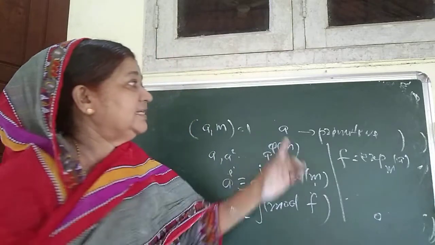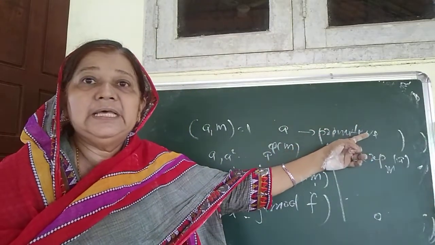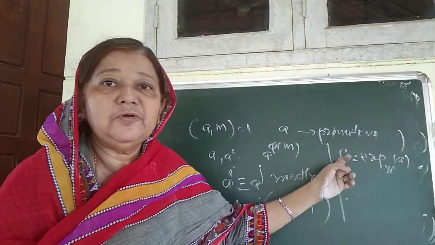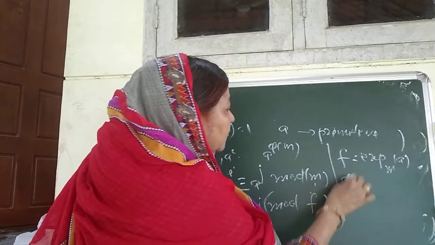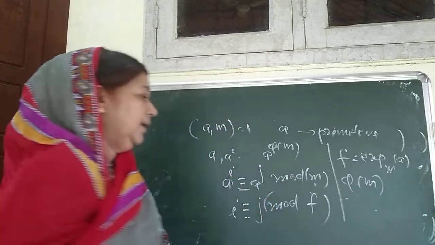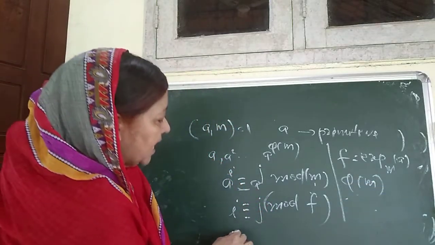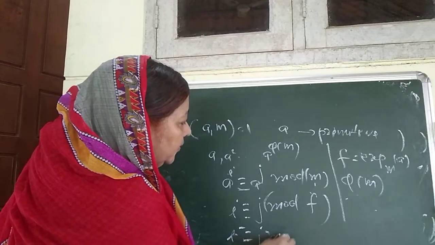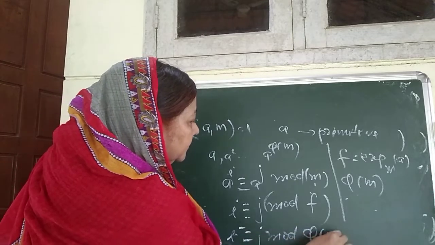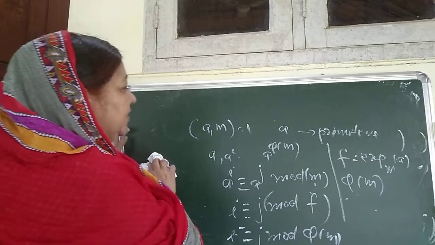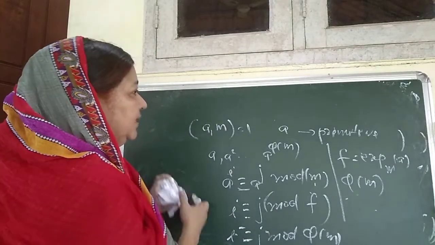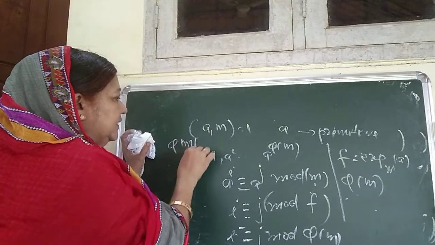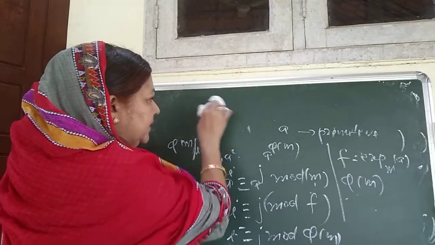Here we are given that a is the primitive root. That primitive root means exponent m of a equal to f equal to phi of m. Therefore, we get i is congruent to j mod phi m. That is phi m divides i minus j.